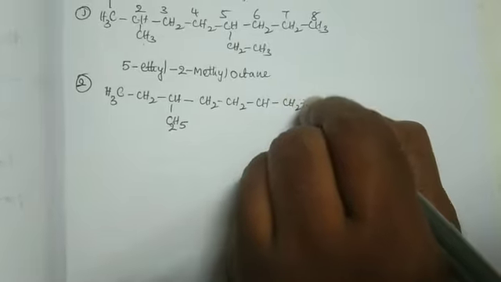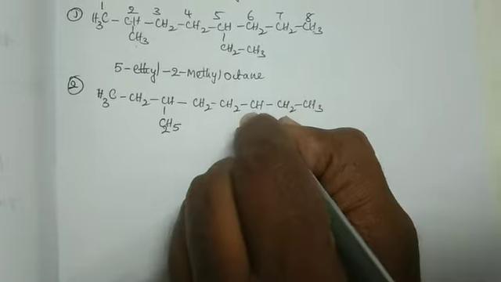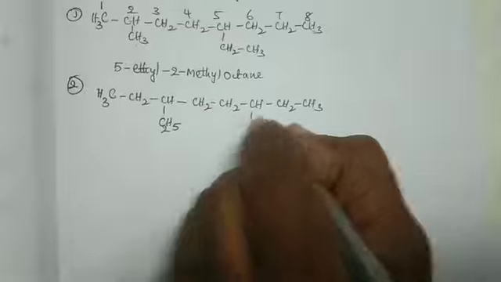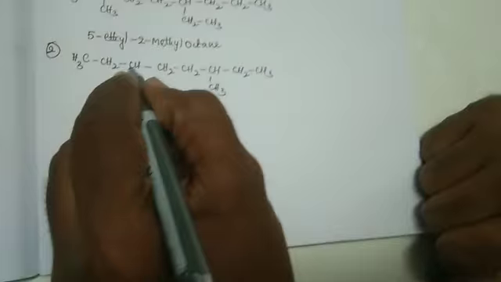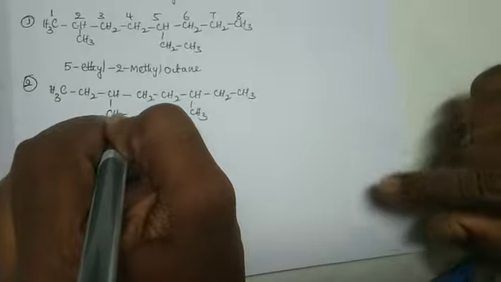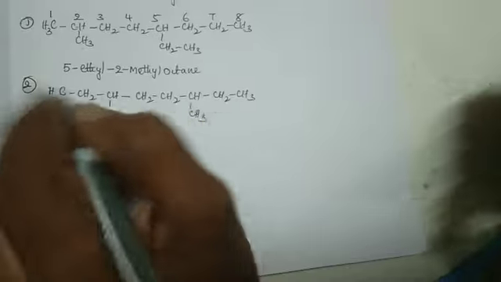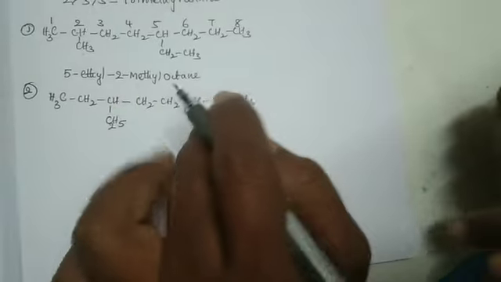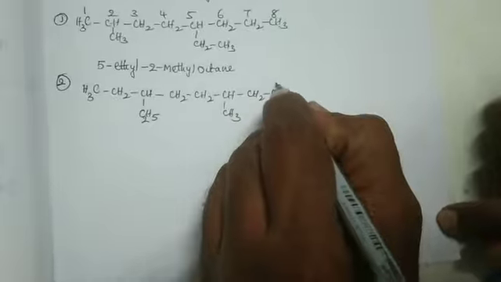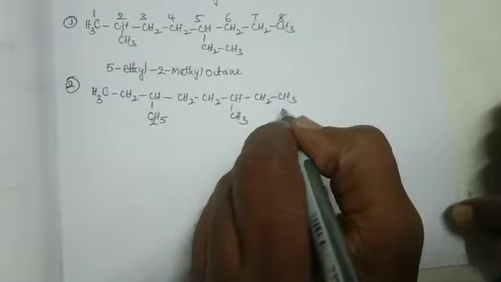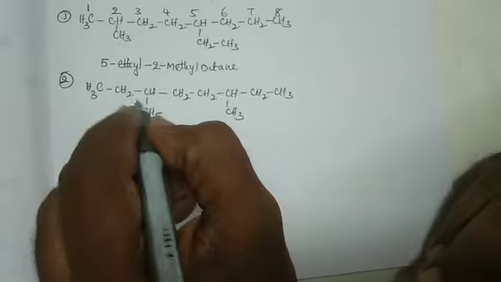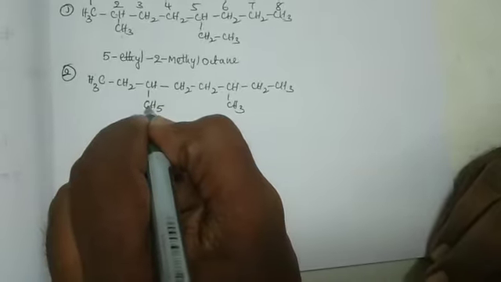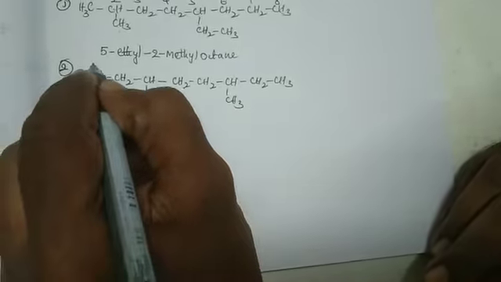So CH2, CH3, here CH3 is there. See, either from this side or this side, on both sides at the 3rd carbon you have the substitution. So when you have the substitution at the same numbered carbon on both sides, you have to give the numbering from the side where, according to alphabetical order, the substitution gets the lowest number.